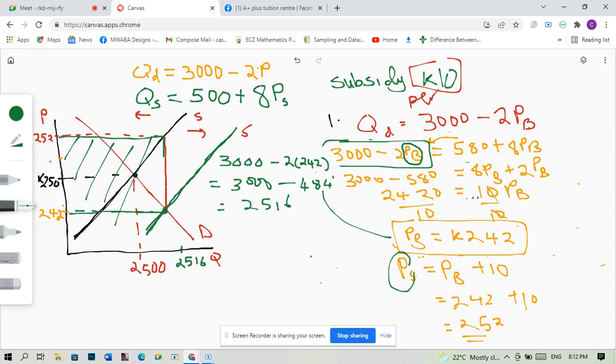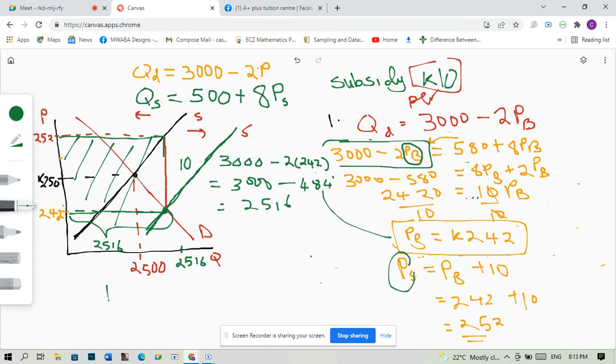Okay, so we know the height from 242 to 252 is 10. We'll just use geometry to solve. Then the length is 2516, from here to here.